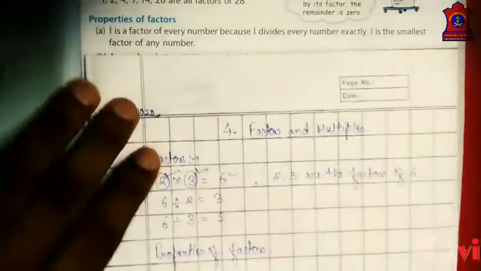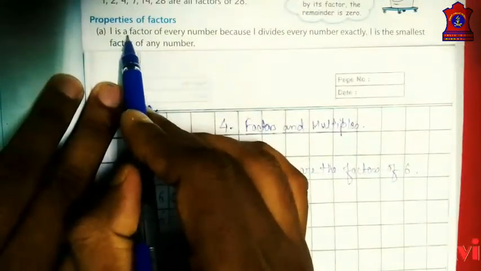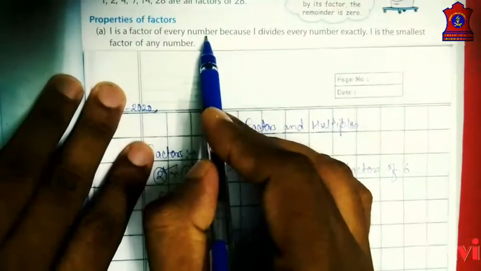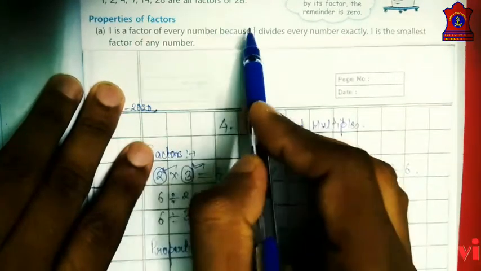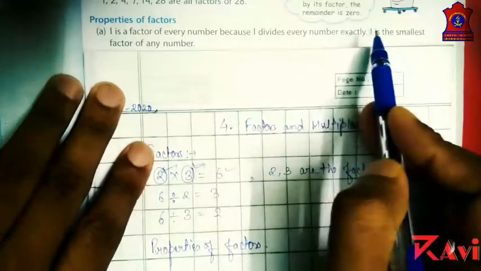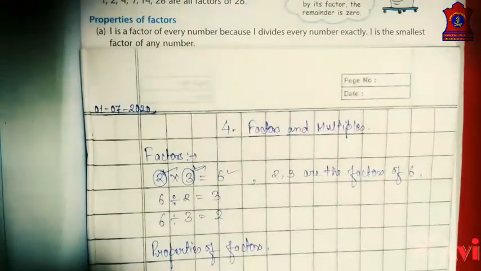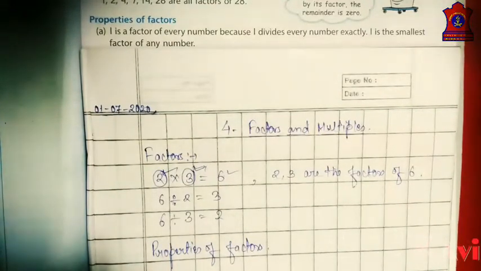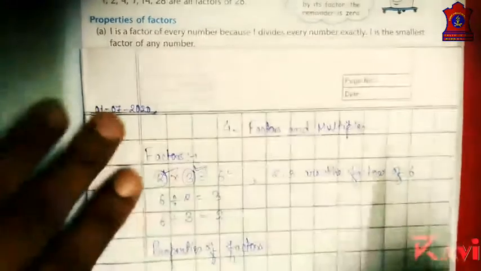The first property: 1 is a factor of every number, because 1 divides every number exactly. 1 is the smallest factor of any number. 1 can divide any number exactly. Therefore, this is one of the very important properties of a factor. Clear?